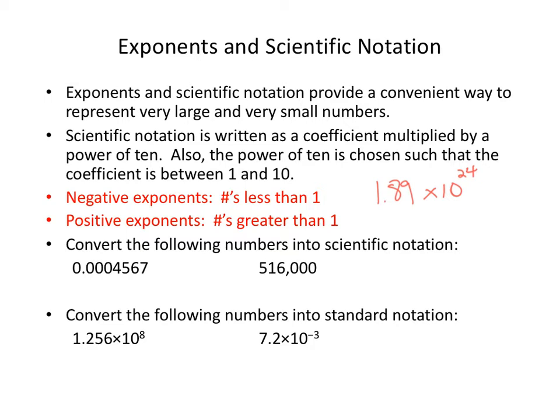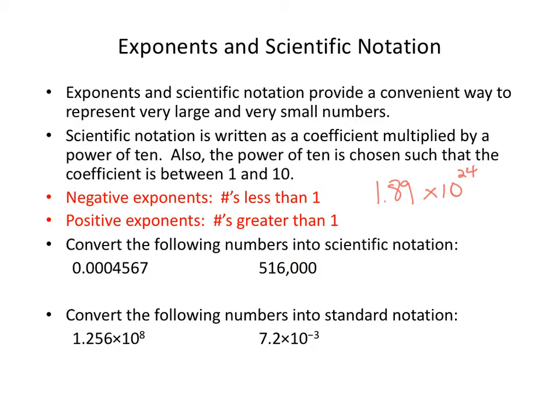Now, when you're first doing scientific notation, I find that students often like to memorize: if I go to the left, it's a positive exponent. If I go to the right, it's a negative exponent. I discourage you from doing that, because when we're going from conventional notation to scientific notation, it would be one way, but when we're going from scientific notation to conventional notation, it would be the other way.